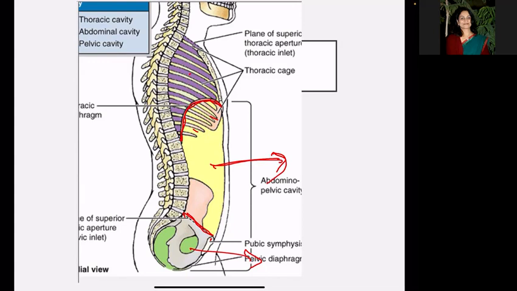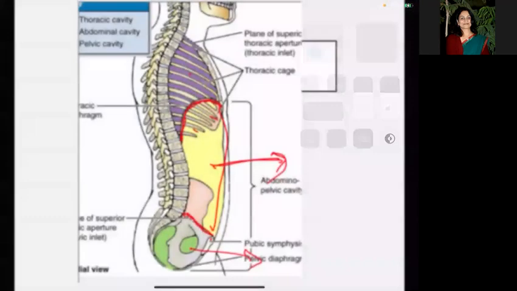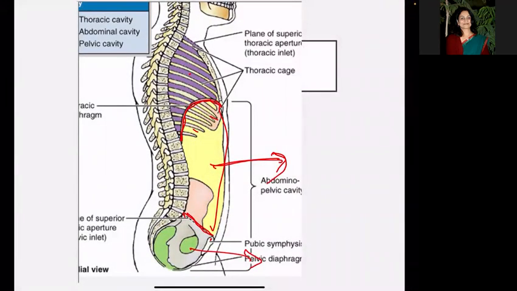This abdominal cavity is bounded anterolaterally by the anterior abdominal wall, which consists of 6 layers: not only skin and superficial fascia, but 3 layers of muscles with their aponeuroses, then the fascia transversalis, and then the layer of parietal peritoneum.